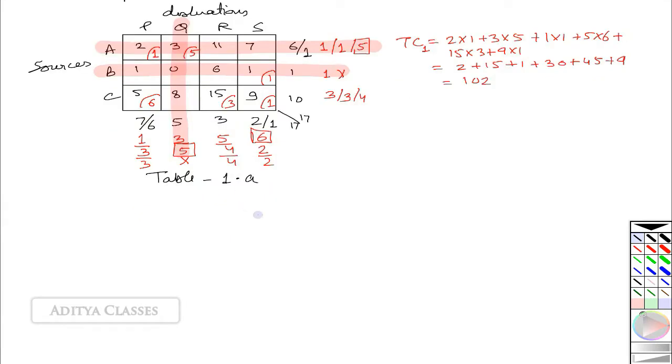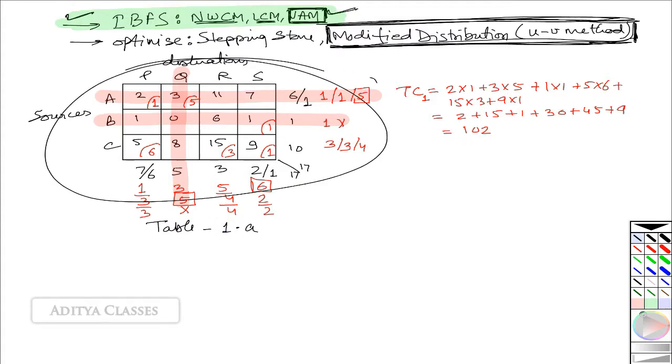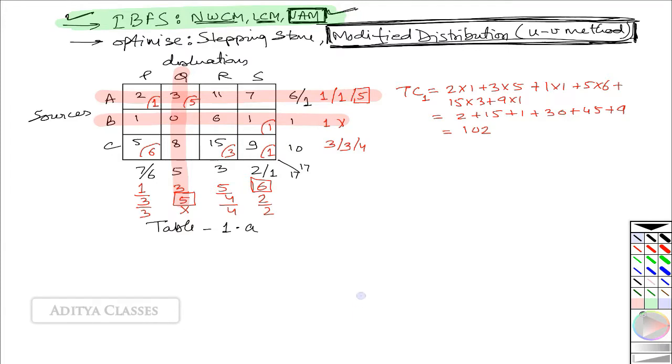Before we could actually advance on to the optimization phase, we need to check this problem for degeneracy. If the solution at this stage, at first stage, that is this solution, if this solution is degenerate, then we cannot advance further. So the condition for advancing further is a small one, m plus n minus 1 should be equal to number of assignments.